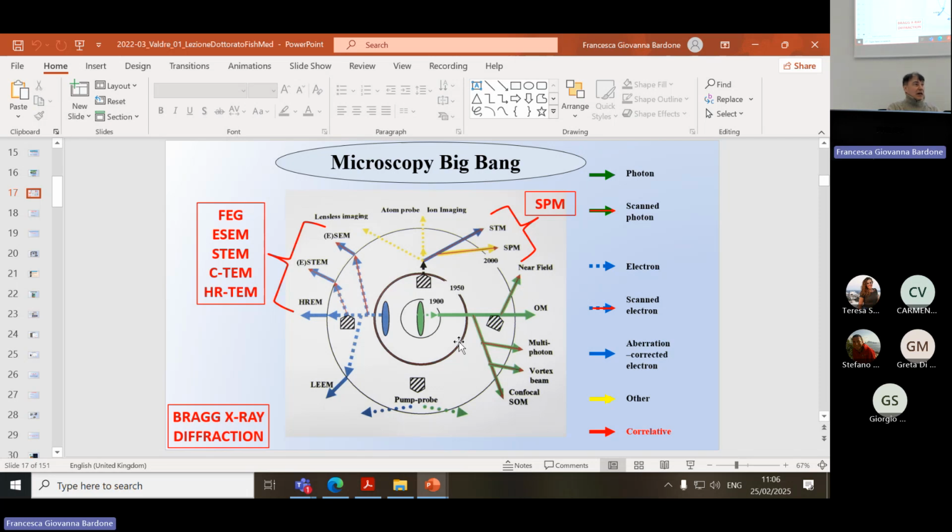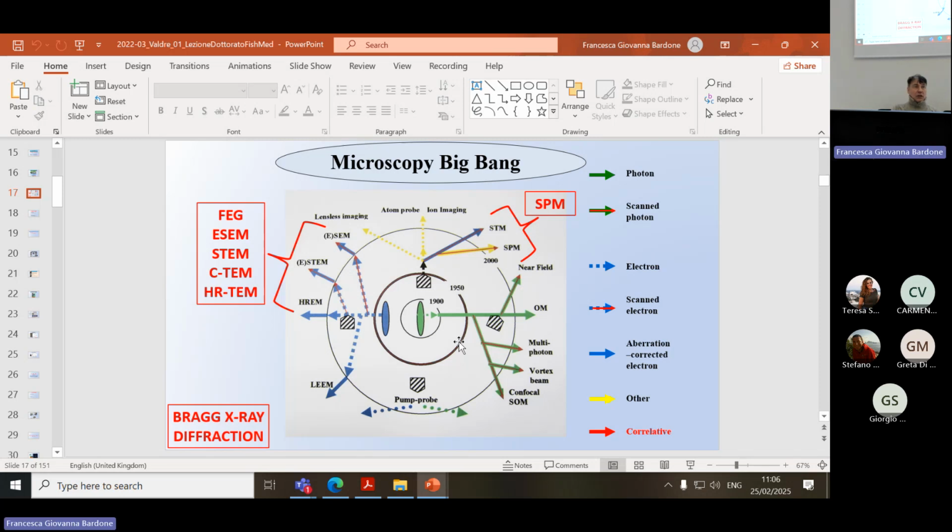And I don't want to say that electrons are better than optical or SPM. No, all methods are beautiful. They have all been developed for specific purposes. If you want information for a large object and you don't need the resolution, you should use an optical one. Large samples, large information, average information.